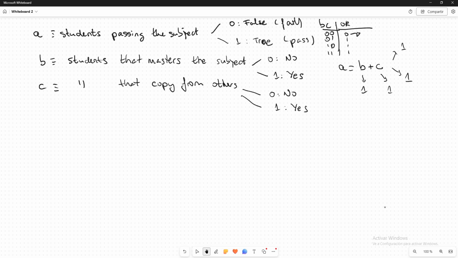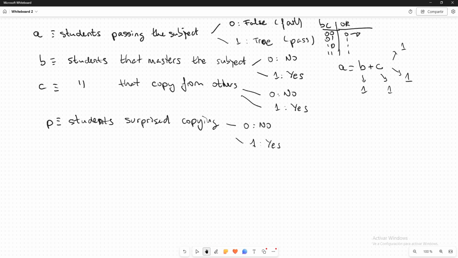But we can add another variable. Imagine that P is a student surprised copying, because I see you copy, so you fail. If I see you, you fail.